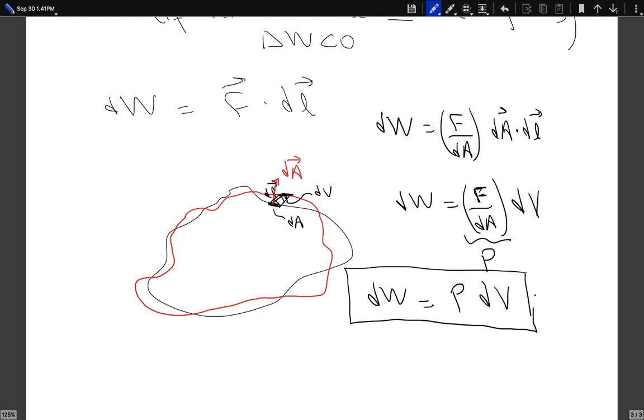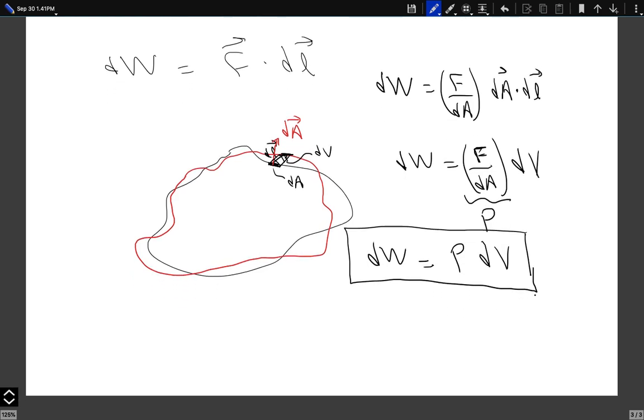Well, there's one problem over here though. We define the pressure as the force per area. Usually when we talk about the pressure, we talk about the pressure of the system, not the pressure at that point. So if you want to talk about the pressure of a system, you have to make sure that the system is in what's called mechanical equilibrium.